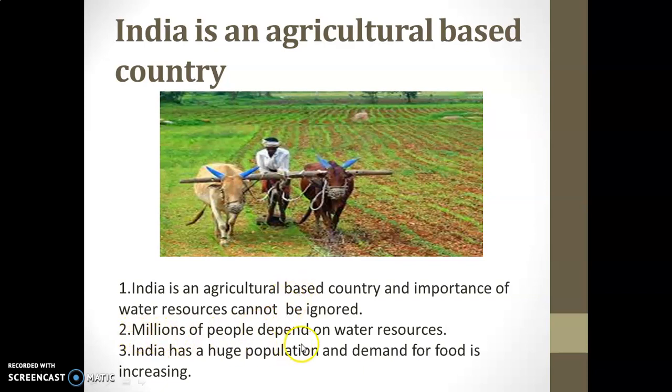So millions of people depend on water resources for their needs such as bathing or domestic purposes, even for irrigation, etc. India has a huge population and the demand for food is increasing. As we all know, population is increasing at an alarming rate, and as population is increasing, the demand for food crops such as rice, wheat, and other food crops is also increasing.